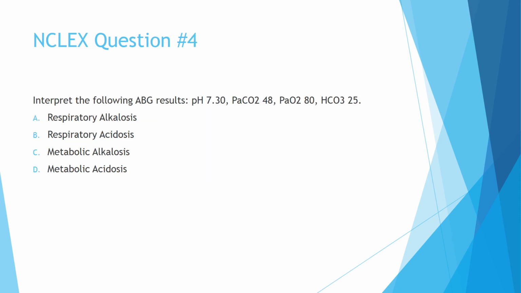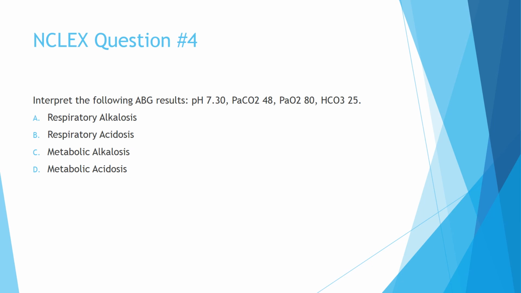Following ABG results, you have a pH of 7.30, PaCO2 of 48, PaO2 of 80, and HCO3 or bicarb of 25. So remember the acronym ROME, respiratory opposite, metabolic equal. In this instance, your pH is down, your PaCO2 is up. So they're opposite.